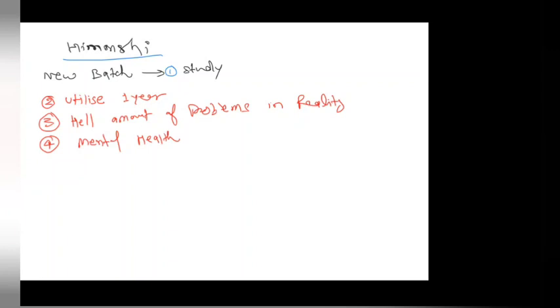So what to do in this 1 year, how to stay calm, is your thing. You have to think for yourself about what way you can come out of that pressure. And I would like to share one thing, that I have anxiety problems.